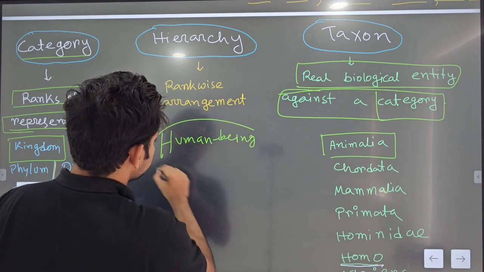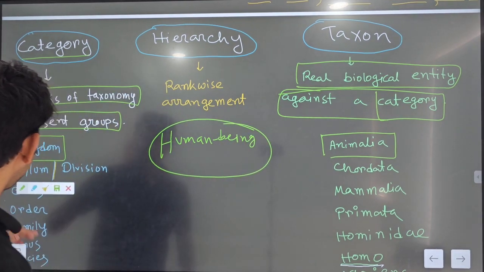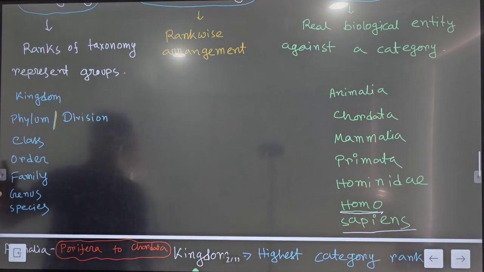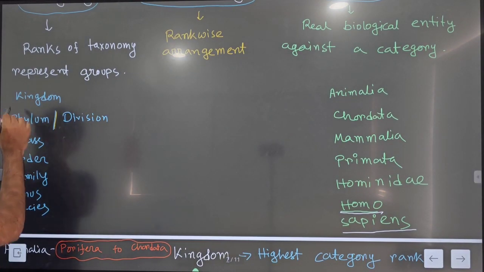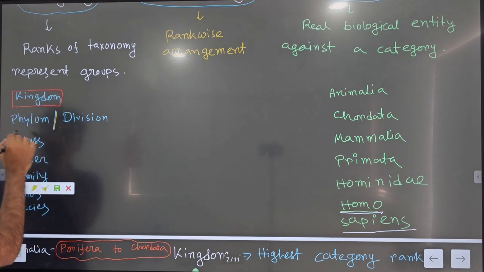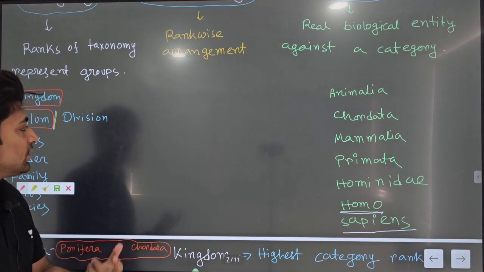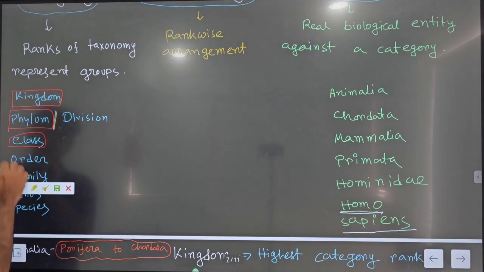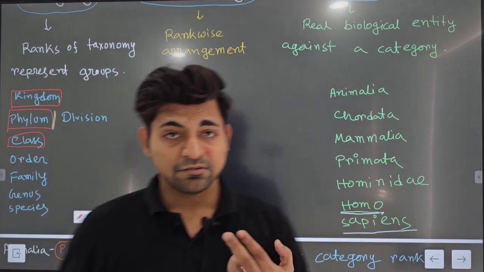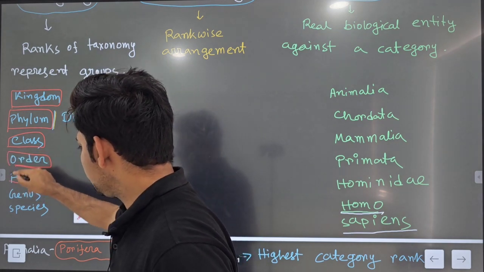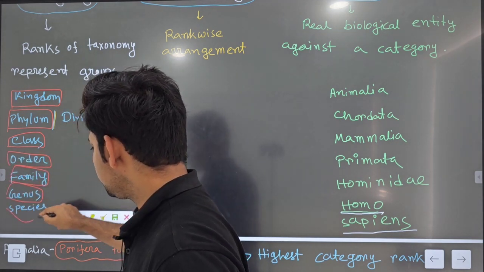If we take the example of a human being, while classifying, we have to follow these categories. First category is kingdom. Second category is phylum; in case of plants, instead of phylum we use division. Third category is class. Fourth category is order. Fifth category is family, then genus, then species.